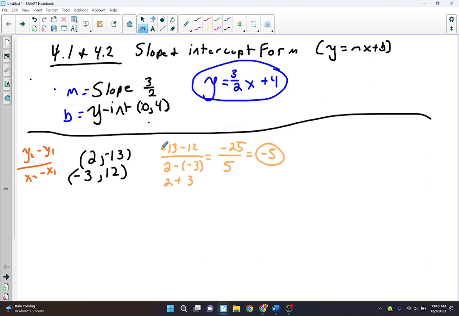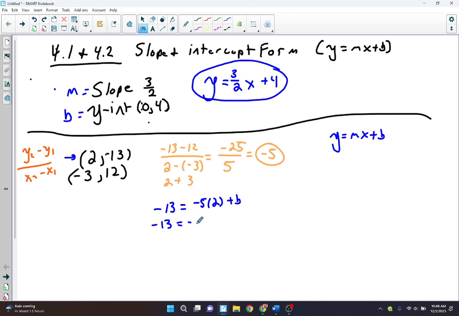Then from there, you're going to rewrite it. You want y equals mx plus b. So you have the slope, but you still need the b. I'll plug into the first point, but you can use either one. Negative 13 equals negative 5 times 2 plus b. Remember, we don't know what b is, so it stays a variable.